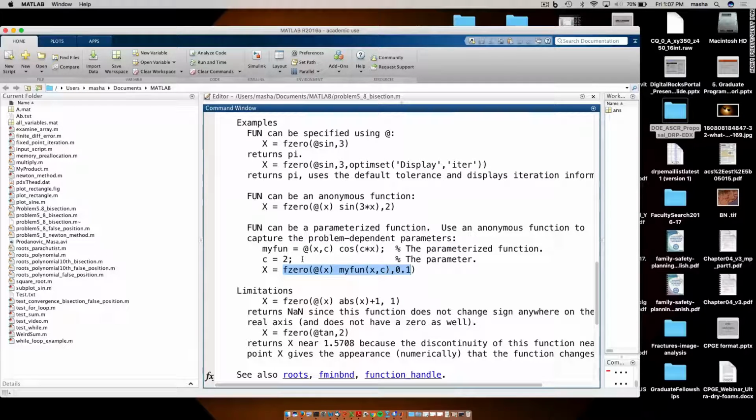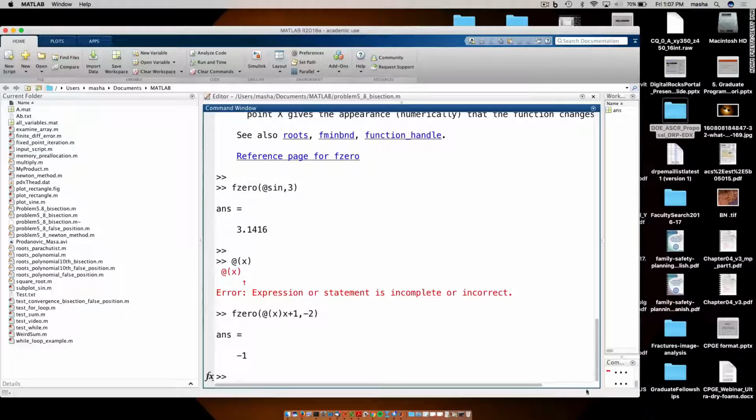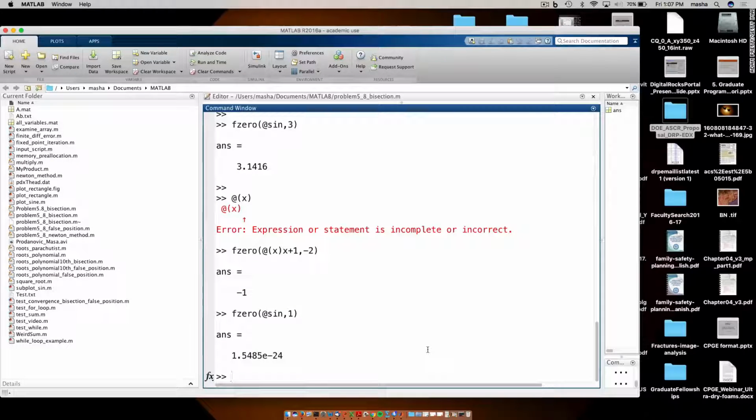Back to the sine function. If you have a sine function, you could do a search close to 1, and I'm going to effectively 0. So I'm going to a different root based on the starting point.